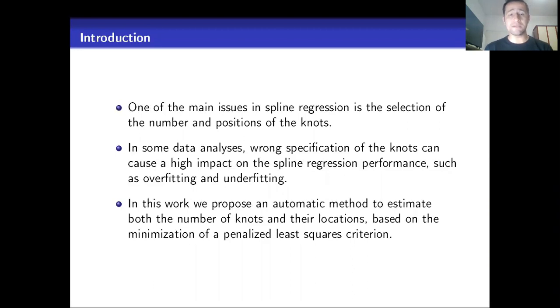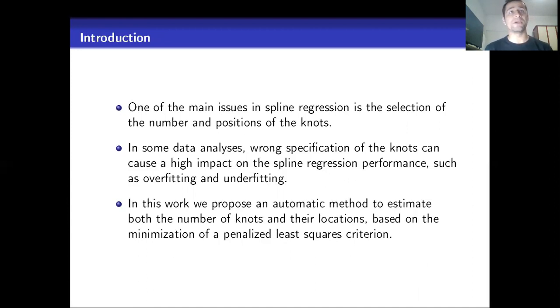We studied mainly the question of determining the number and the positions of the internal knots automatically. In fact, it's a very important question because wrong specification of internal knots can lead to overfitting or underfitting problems, for example.